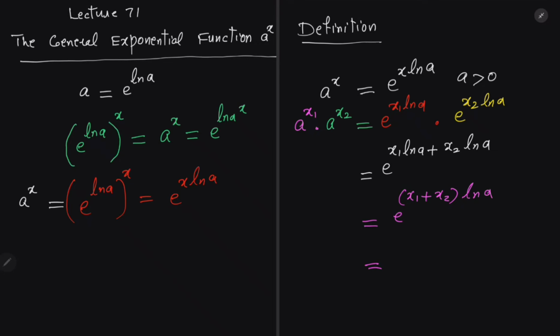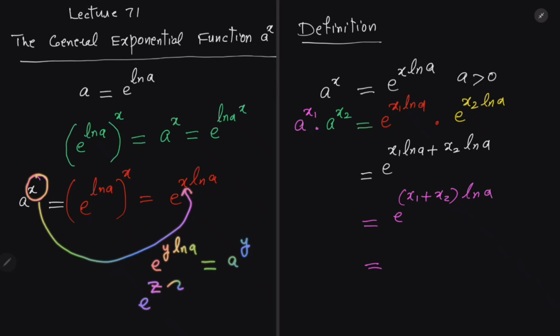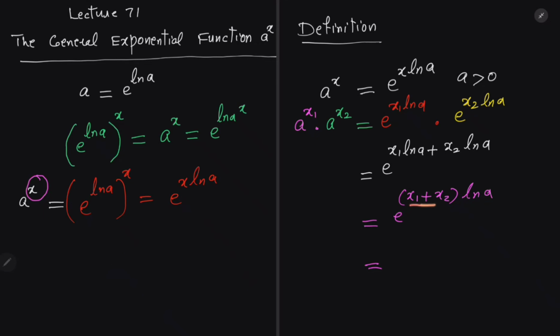Then we can see that the definition says that if there is an x over here, then we have x over here. If we have, for example, y natural log of a, then we have a raised to power y. If we have, for example, z natural log of a, then we have a raised to power z. If we have the power containing x1 plus x2, then by definition the power of a will be x1 plus x2.